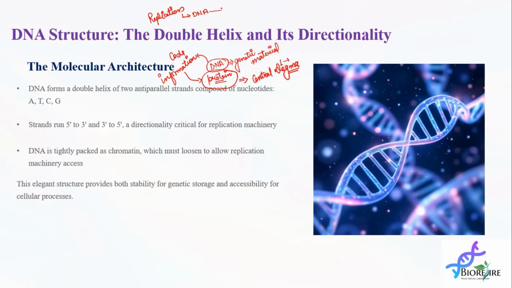After this replication, DNA is converted into mRNA, and this process is known as transcription. And then finally this mRNA is converted into protein, and the process by which mRNA is converted into protein is known as translation.